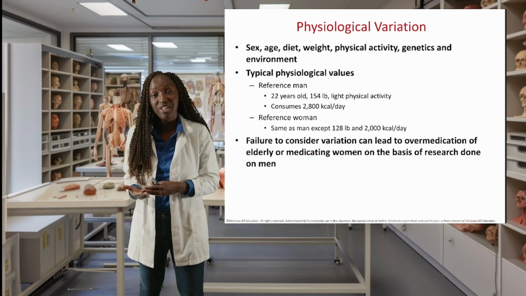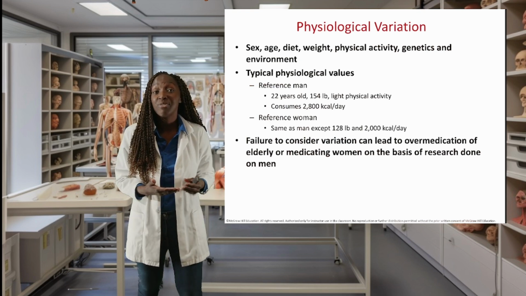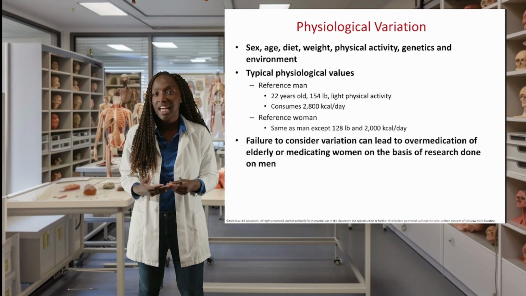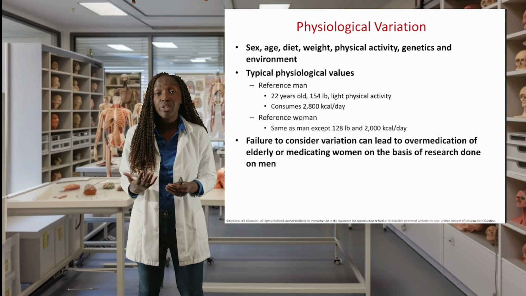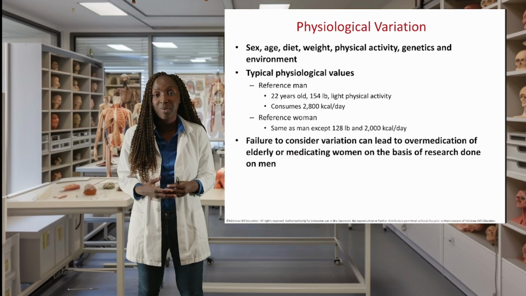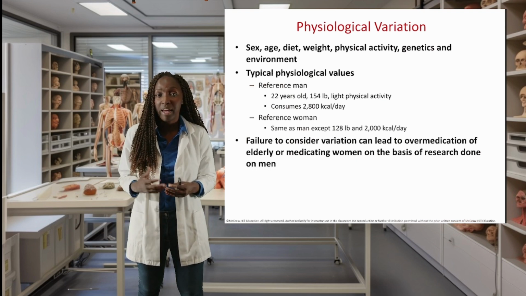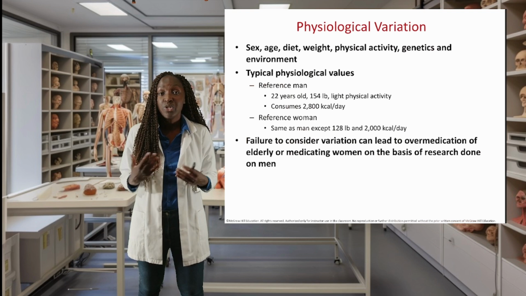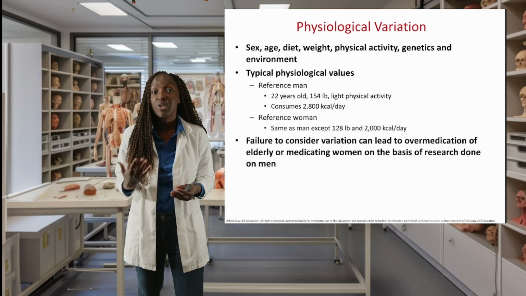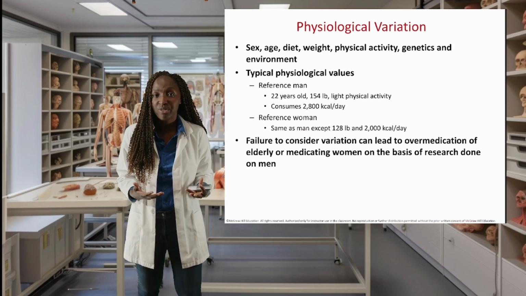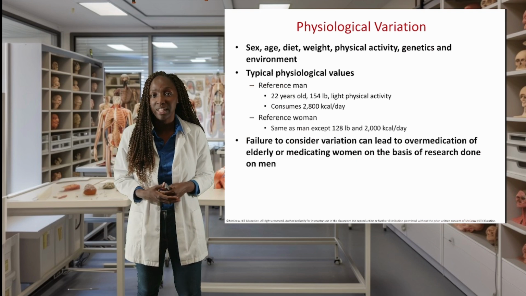Now we've talked about anatomical variation, we're going to look at physiological variation. And this depends on sex, age, weight, physical activity, even the environment. So when we look at physiological values in our textbook, we're basing those off of a reference man and a reference woman. So the details for our reference man are going to be 22 years old, about 154 pounds with light physical activity.